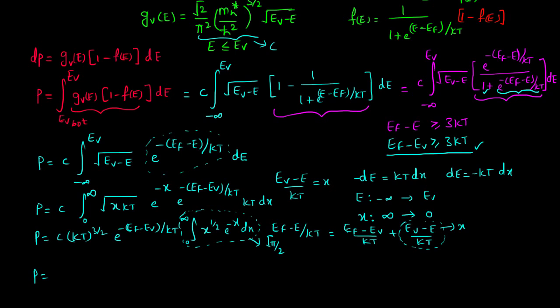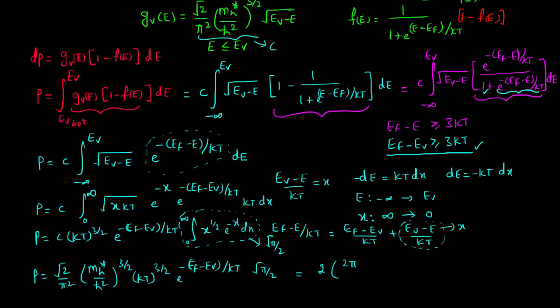C value we know, which is given here, times e power minus of (EF minus EV) over kT times square root pi by 2. And this can be written as 2 times (2 pi kT mh star divided by h square) whole power 3 by 2 times e power minus of (EF minus EV) over kT.